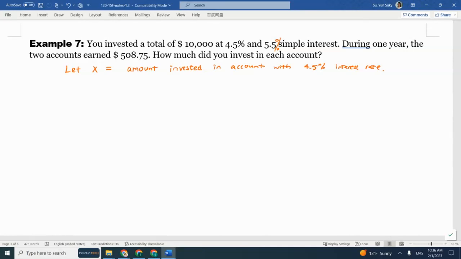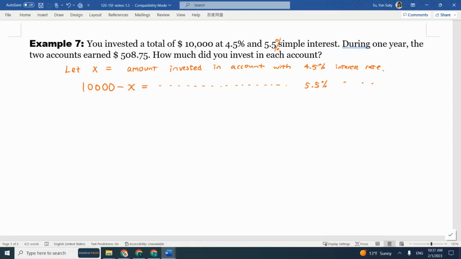And then you have a total of 10,000. You invested x in this account. How about the other account? The other account is the rest of the money, right? So your total is 10,000. You put x here. What's left is 10,000 minus x, right? Everybody? Yeah. So 10,000 minus x is the amount invested in the account with 5.5% interest rate.